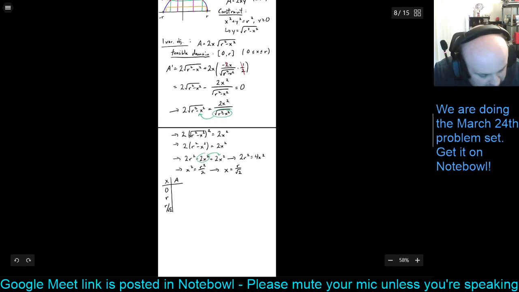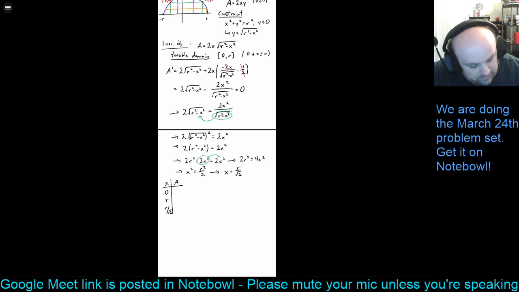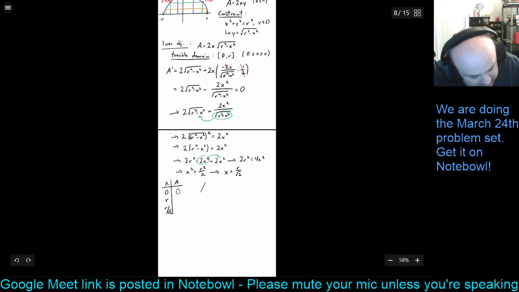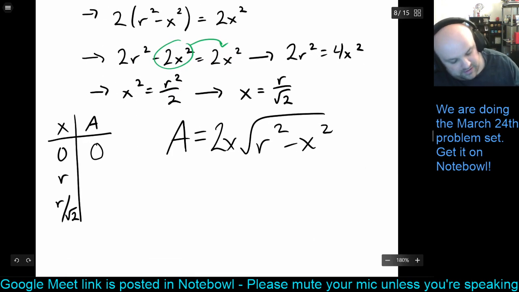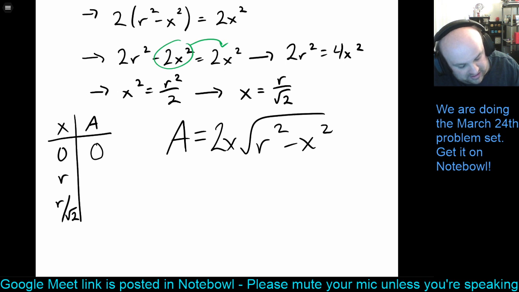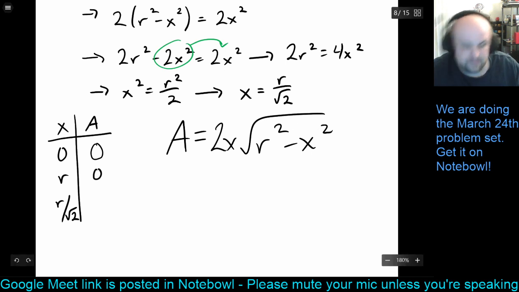So if we look at the area function, if we plug in 0, we know we're going to get 0. It's going to be gigantic, but it's fine. So if we plug in x equals 0, we get 0 here. If we plug in x equals r, the stuff under the square root is 0, so this is again 0.